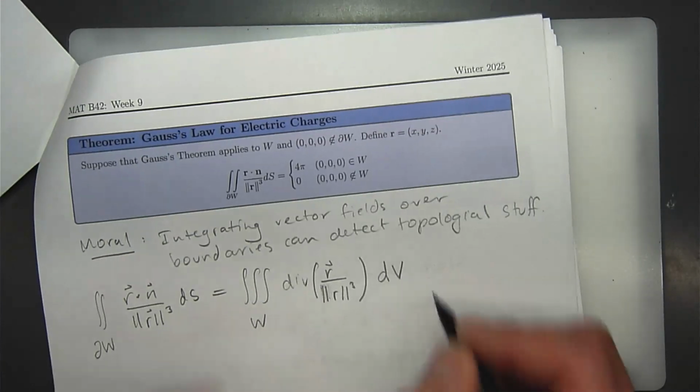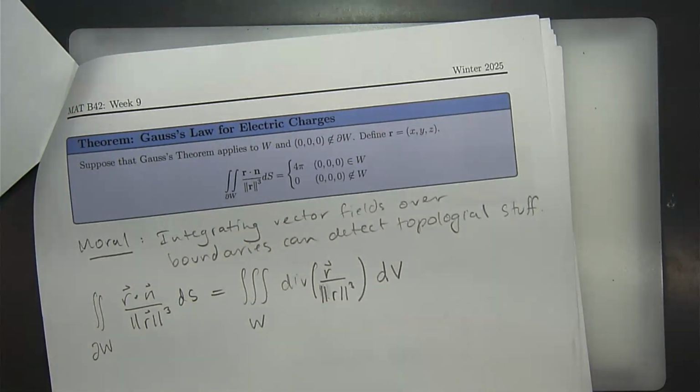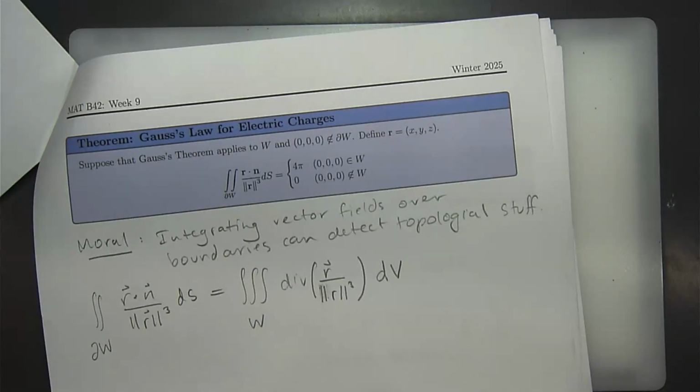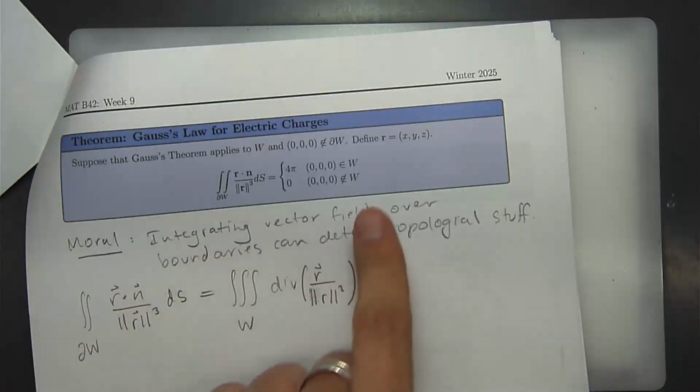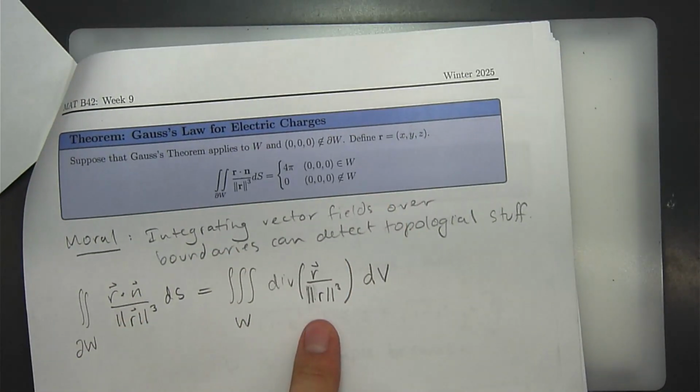So this would be over the volume, so we need the divergence of this vector field. And it turns out that's quite messy. So the thing I want to point out is notice that if W doesn't contain the origin, then this vector field will be nice and smooth on the region.